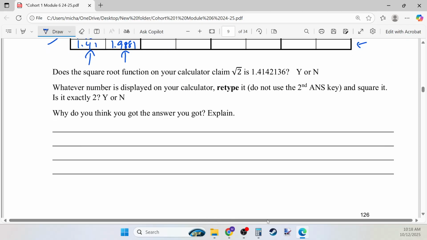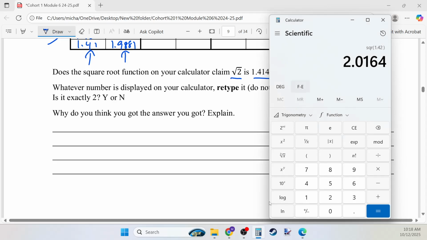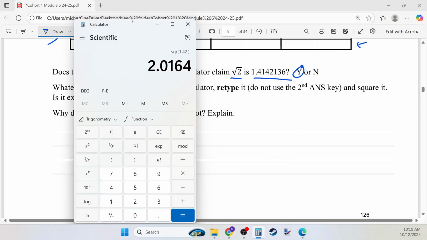Does the square root function on your calculator claim this is that? I think so, yeah. Whatever number is displayed on your calculator, retype it and square it. So we'll just take the number that they have. Well, actually, no. I'll take the square root of 2. I get 1.414213.